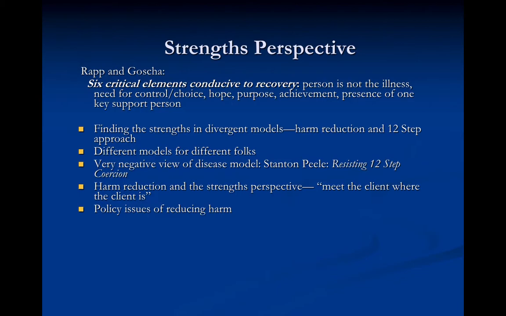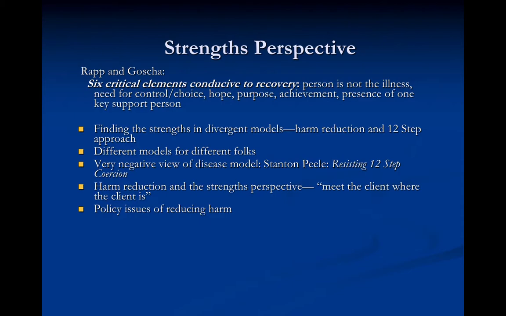All right. There are 6 critical elements conducive to recovery, and you'll see that the majority of people do not go to treatment. And there is such a thing as a natural recovery, and these 6 elements are involved there, but treatment also provides these 6 elements as well. So the person is not the illness. So we're separating the symptoms from the self-worth of the person.